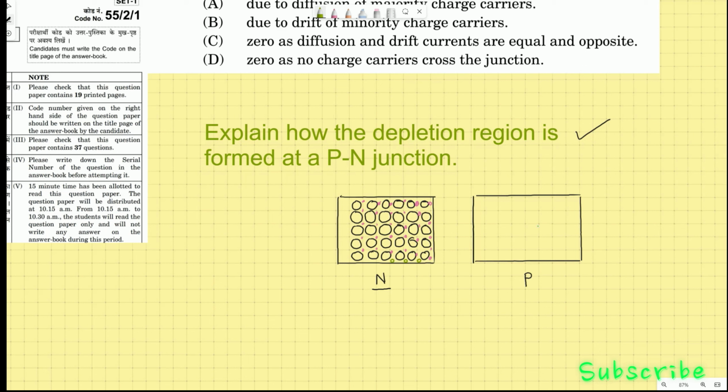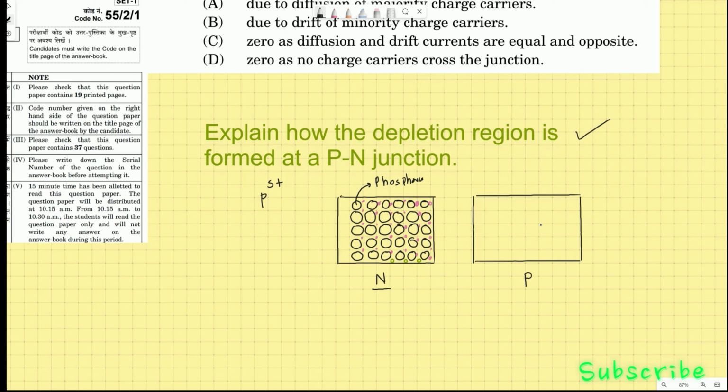What you see as a circle is essentially the dopant, for example phosphorus. Phosphorus is P5 plus, so the valence electron jumps to the conduction band, and that is what you see.